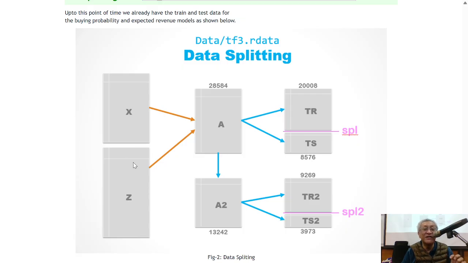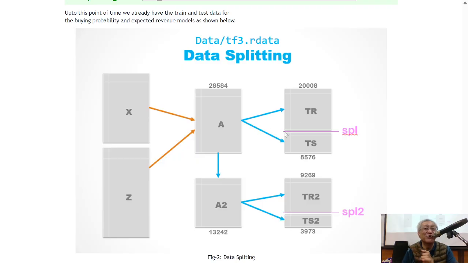Remember that Z and X only contain data in the first 3 months, right? So now we have this many customers who buy from us in the first 3 months, okay? So for all of these customers, we can test whether they buy in the last month, right?